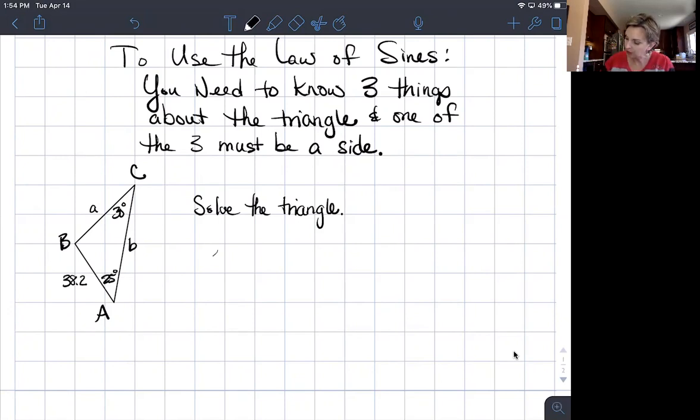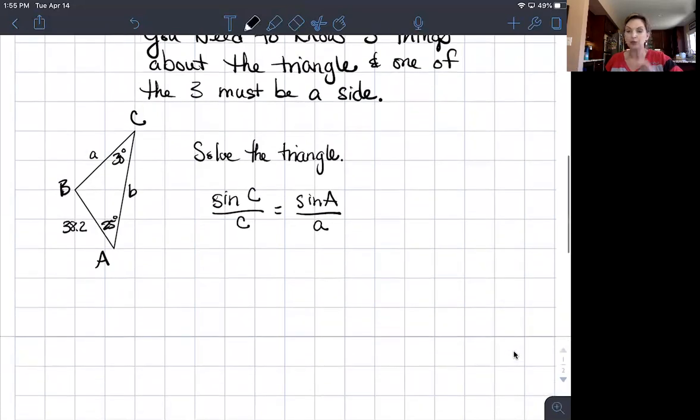So we're going to use C and C, right? Those are the two that were given here. We're going to use that pair to help us solve using the law of sines. They've given us angle A, but not side A, so that's going to be the other pair we use.